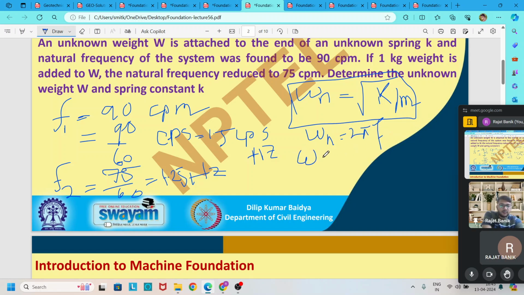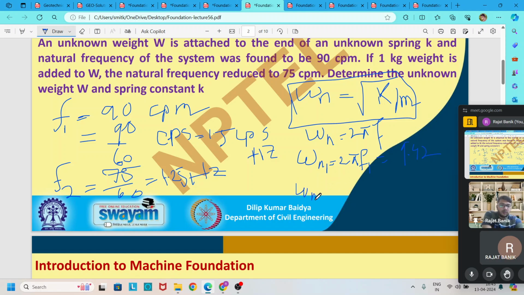So for the first case, omega n1 is equal to 2 pi f1, which is equal to 1.5 into 2 into 3.14, the value of pi, which is equal to 9.42.